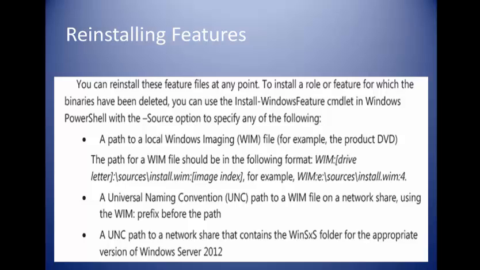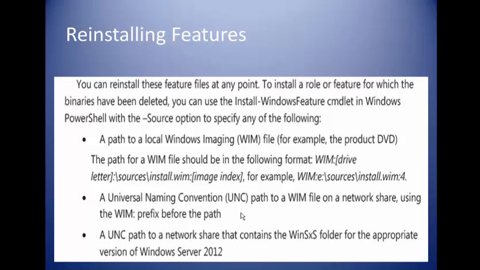And those were 1, 2, 3, 4. Those were the index numbers for them. So if I was installing the last option, then I would have 4. It would be install.wim:4. So that's one method you can use with the source option.